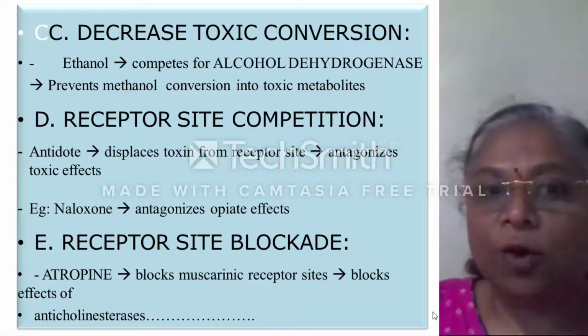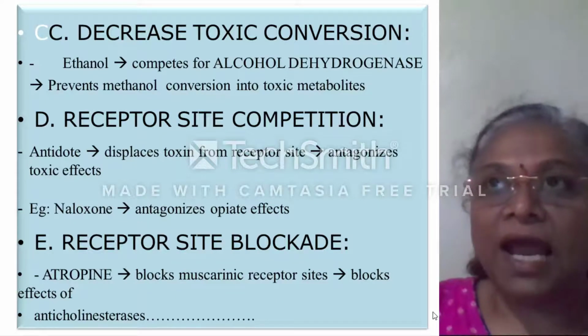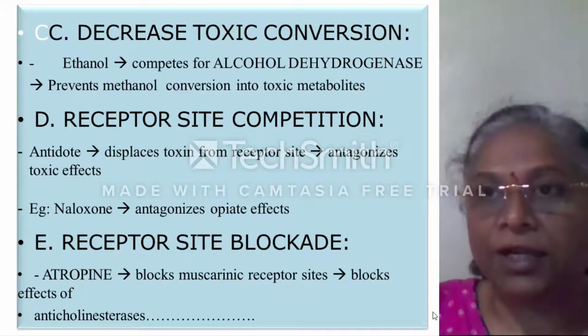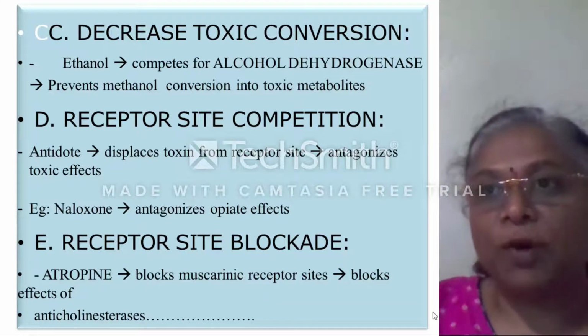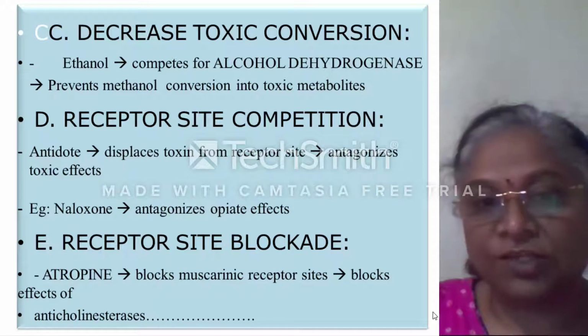Receptor site competition, where the antidote will displace the toxin from its receptor site and will antagonize the effect. They are usually antagonists, like in morphine poisoning, naloxone, which binds to the mu receptor and is a specific antagonist of it, will displace morphine from its binding site and will enhance its excretion.